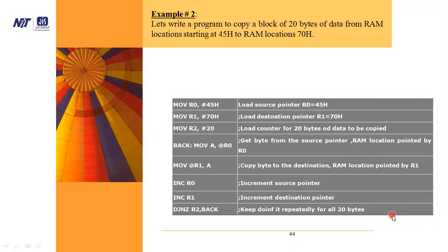Example 2: write a program to copy a block of 20 bytes of data from ROM location 45H to RAM location 70H. MOV R0, #45H, load source pointer R0 equal to 45H. MOV R1, #70H, load destination pointer R1 equal to 70H.